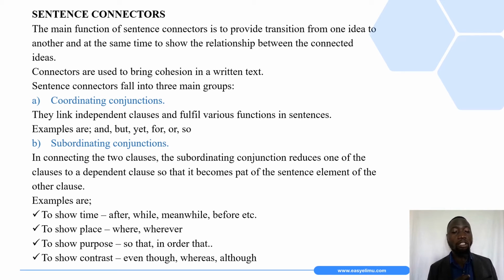We have those that are used to show time, and in this group we have examples like after, while, meanwhile, before, etc. We also have those that are used to show place, like where, wherever, etc. Then those used to show purpose, like so that, in order that, etc. Again, there are those used to show contrast, and in this group we have examples like even though, whereas, although, and so on.